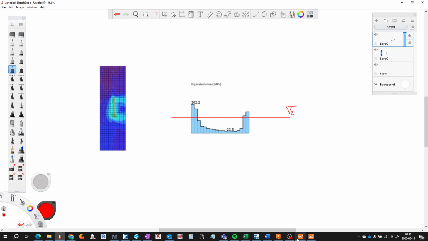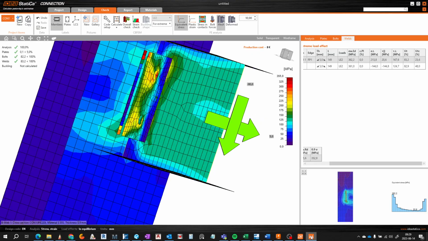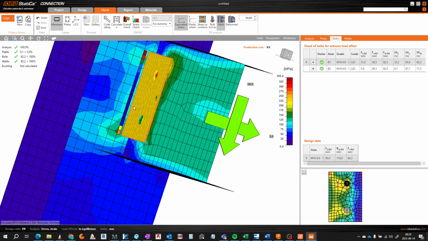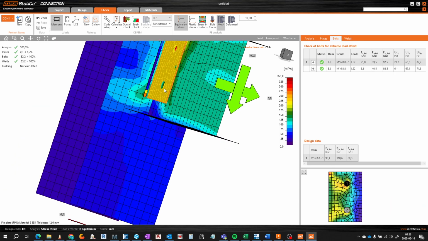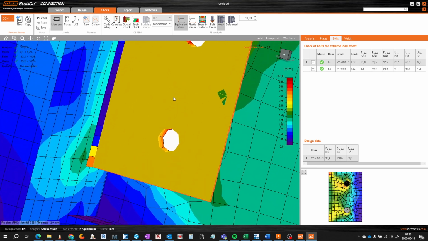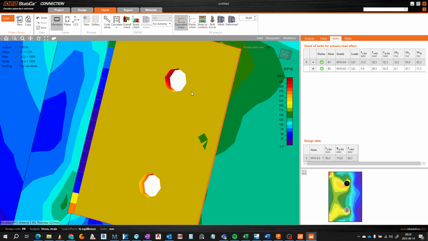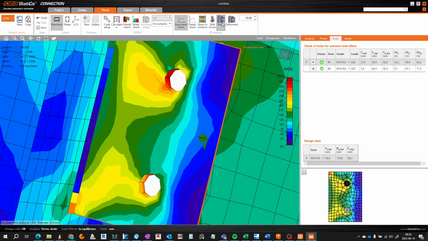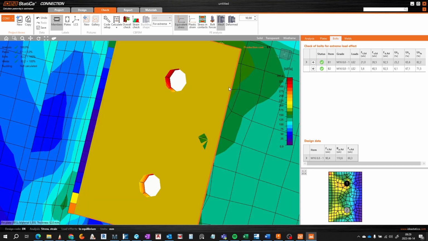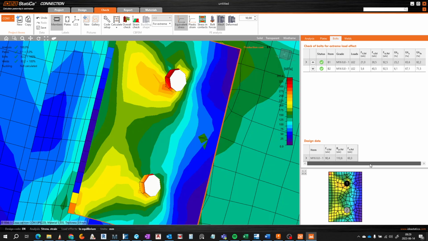So when we look at our connection here, it is very good. The plates, we can look at the bolts. The bolts have as well concentrated stresses over there. You see there, and they are around, the utilization is 65%.